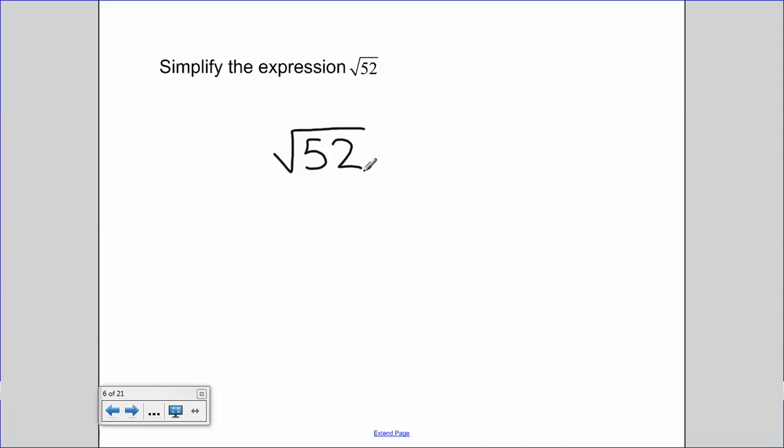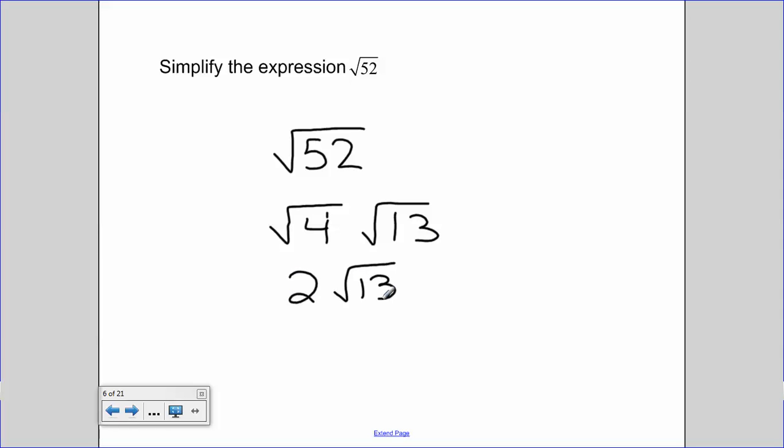Does 4 go into 52? 4 times 13. 9 and 6? No, 9 times 6 is 54. 4 and 13, I believe, are the correct factors here. What is the square root of 4? 2. Radical 13. Do any of the numbers on our list go into 13?